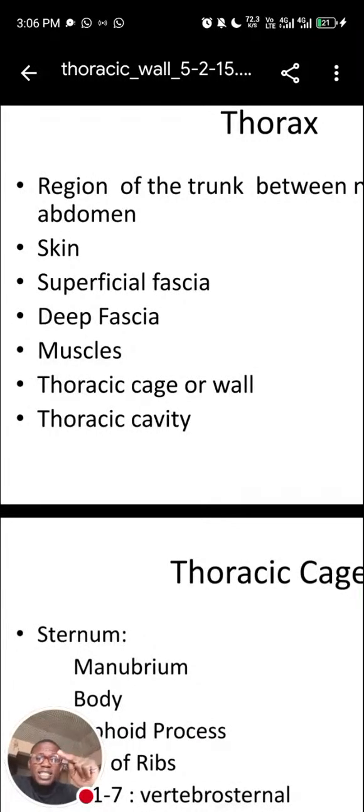The stratified is stratified squamous epithelium, stratified cuboidal epithelium, stratified columnar epithelium. Whereas the simple is simple squamous epithelium, simple cuboidal epithelium, simple columnar epithelium. See the difference? Now, transitional is not like that. It's just transitional epithelium, because it transits and it's found in urine.